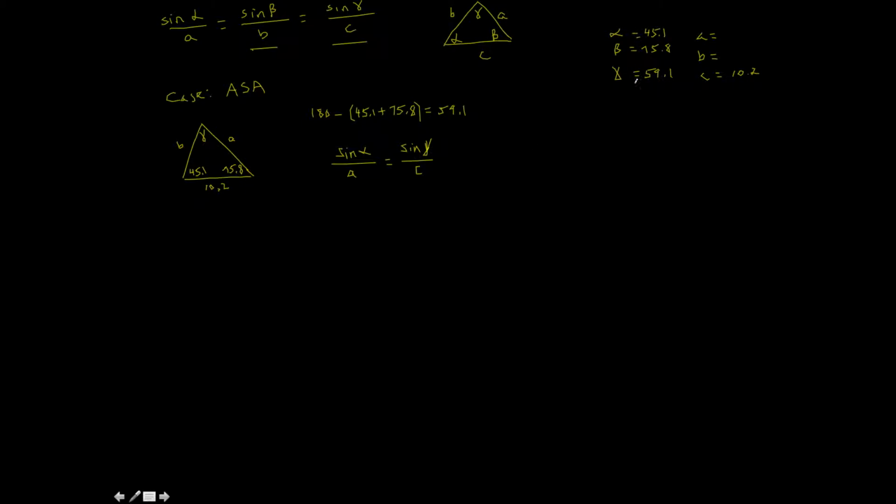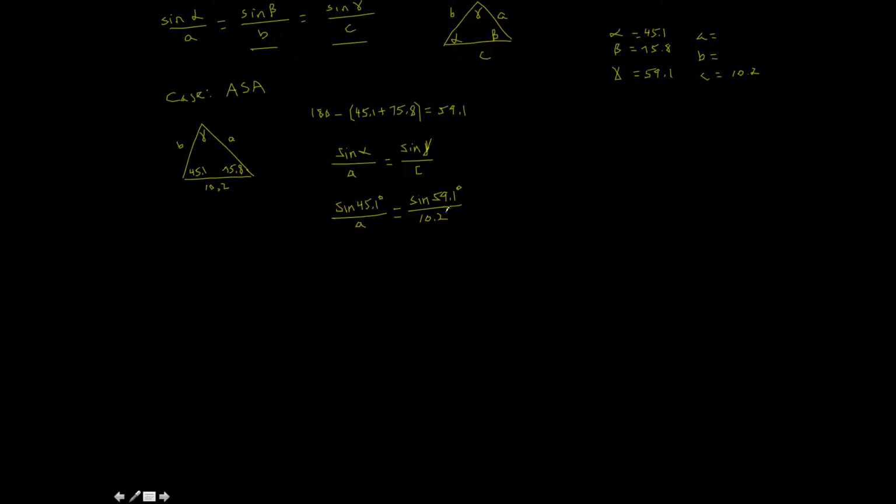Because we know both the angle and the side for gamma. So this is the sine of 45.1 degrees over A equals the sine of 59.1 degrees all over 10.2.